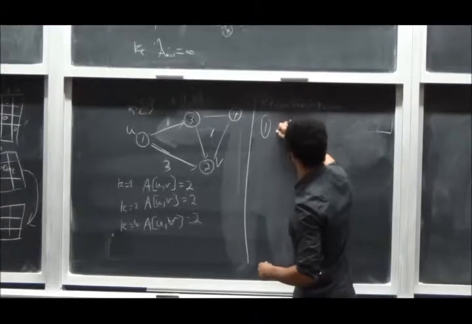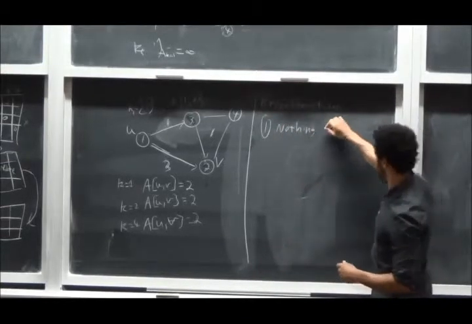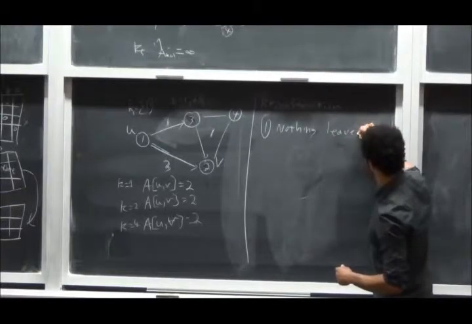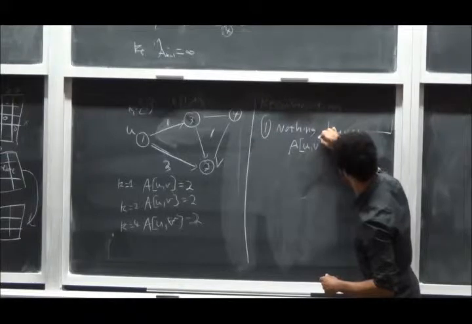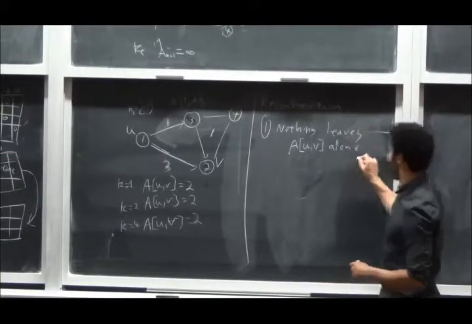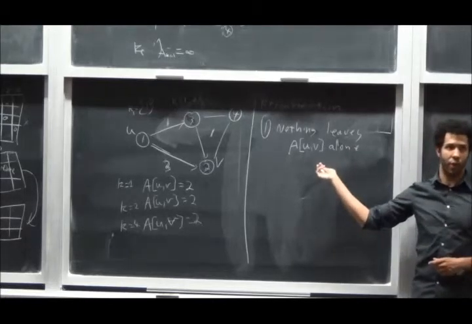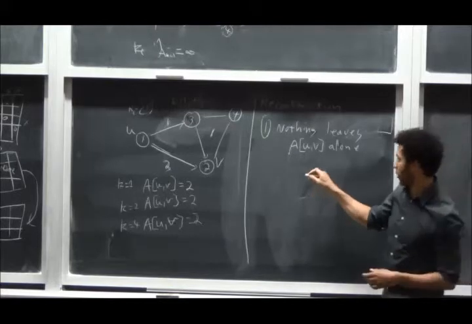One, nothing. Right? It just leaves a UV alone. So what do we know about path reconstruction in the case that you don't update anything? It's already the best plan. So already the best plan.